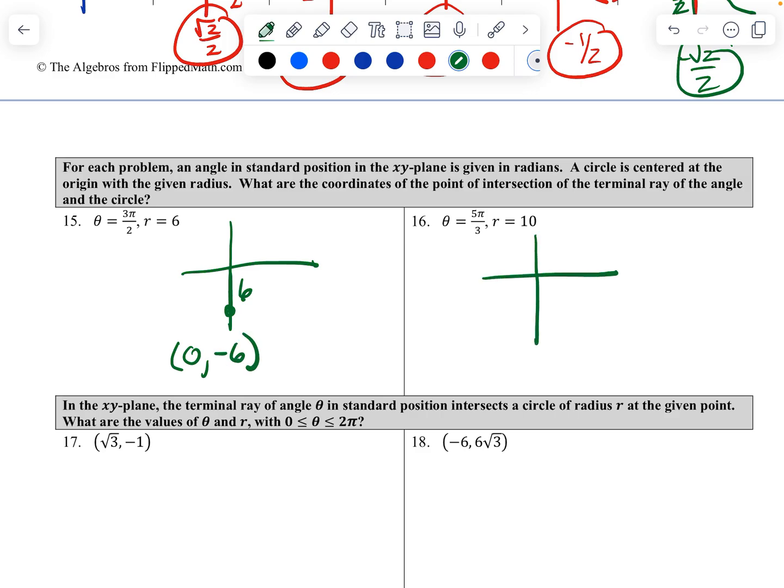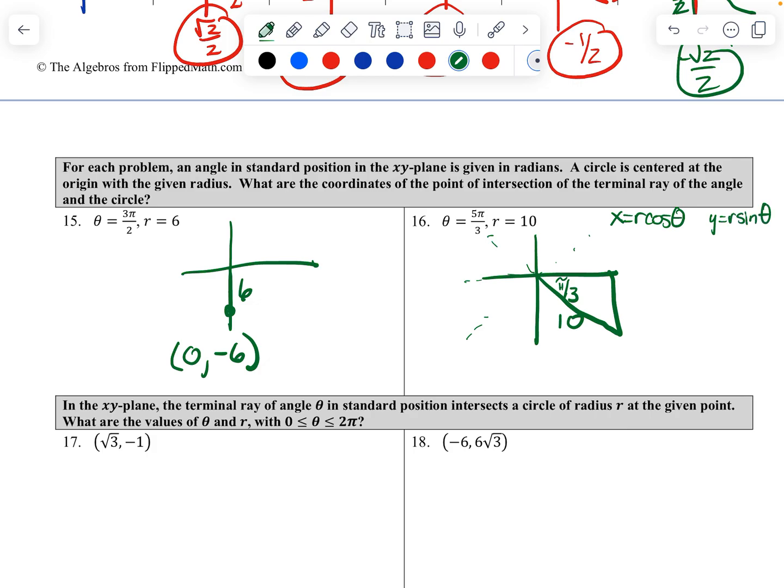So 5 pi over 3, so 360 degrees is, so 1, 2, 3, 4, 5. Our radius is 10, and this is pi over 3. So again, x equals our radius times the cosine of theta. Y equals our radius times the sine of theta.